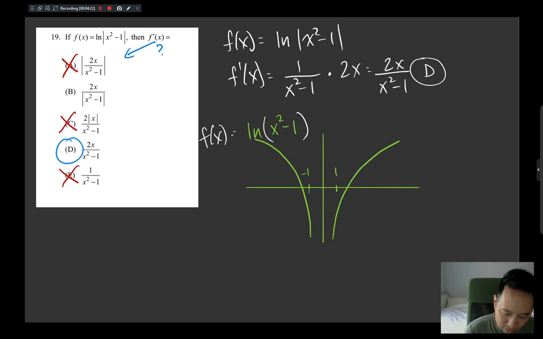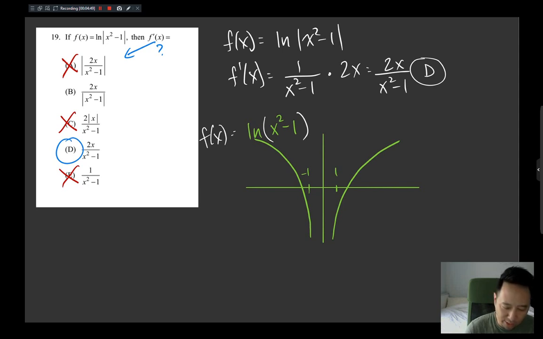It doesn't matter whatever values you input here, you're going to get positive slopes. Don't think about -1 and 1. But clearly, we discussed already, the graph here has negative slopes all the way to the left of -1, which means C cannot be a choice because this gives me all positive values. So automatically we eliminate A, C, and E.